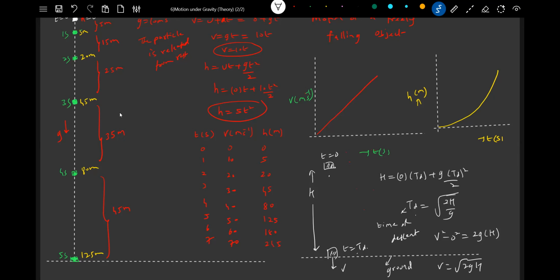Okay, these are some simple results, and this will be a graphical explanation. The VT graph and HT graph will be of this kind. Okay, let's go for some analysis of this motion.